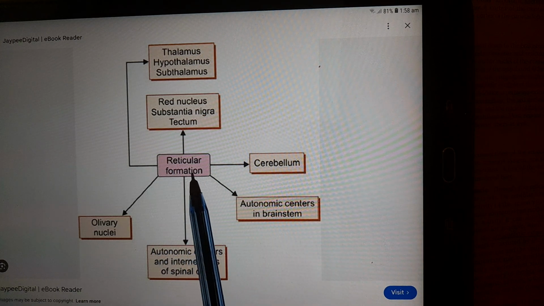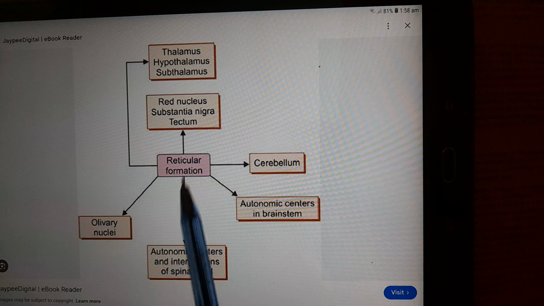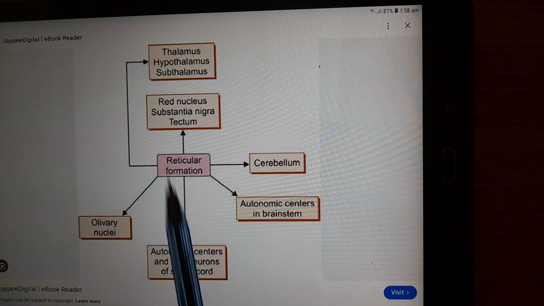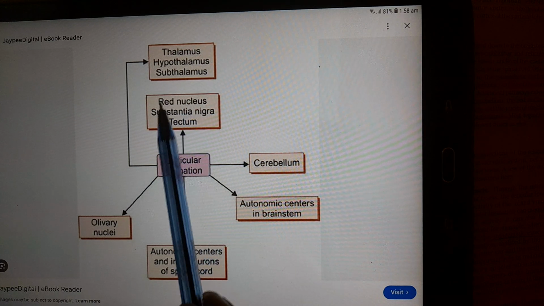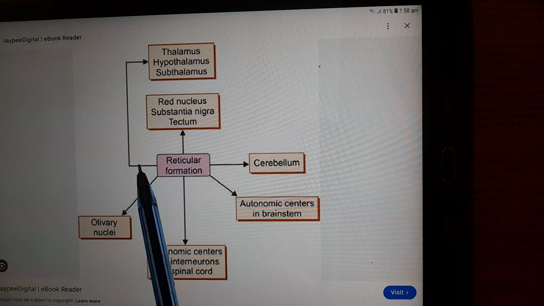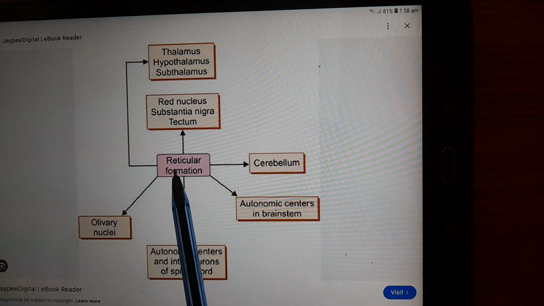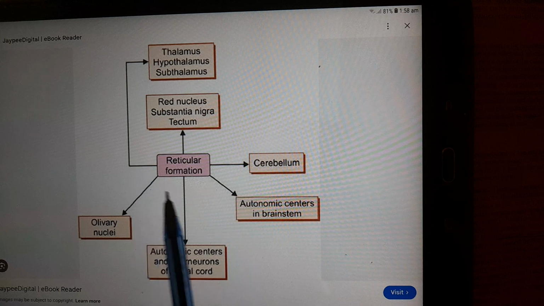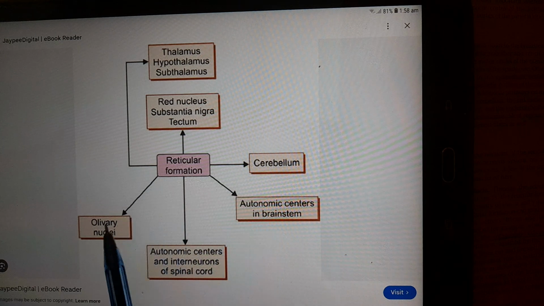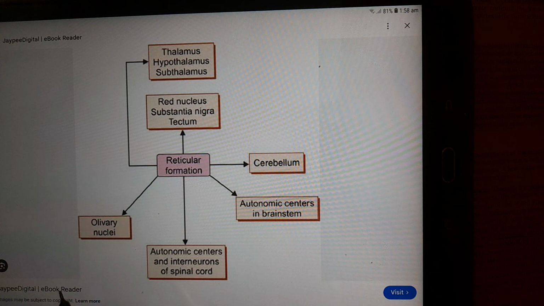So the efferent fibers are reticulospinal, reticulorubral, or to the midbrain, or from the reticular formation to the thalamic system, to the cerebellum, the autonomic brain system, and the olivary nuclei in the medulla oblongata. These are all the supplies.